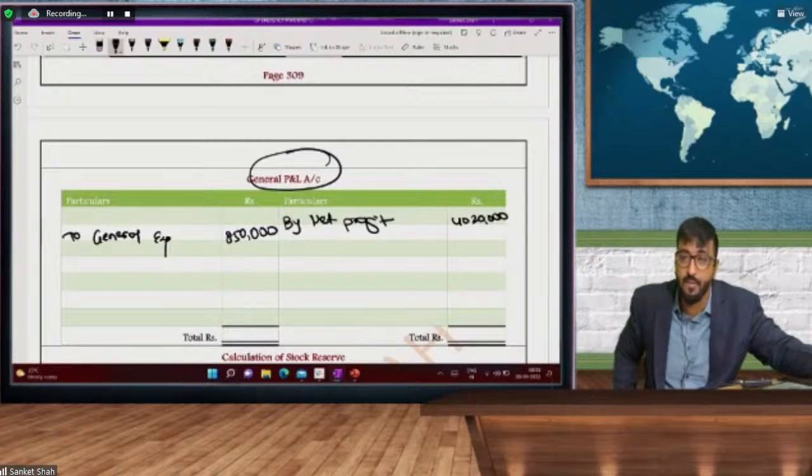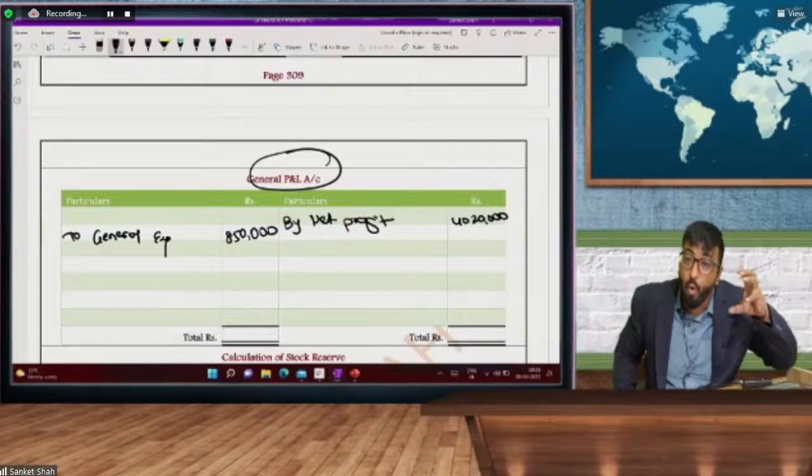Internal transfer is considered only between two departments. So one debit and one credit is an internal transaction.